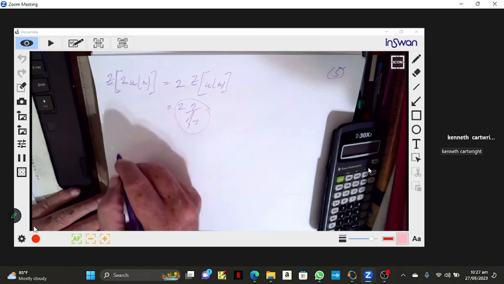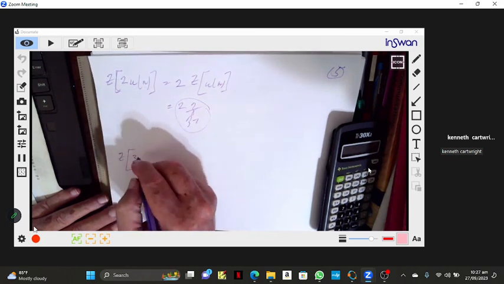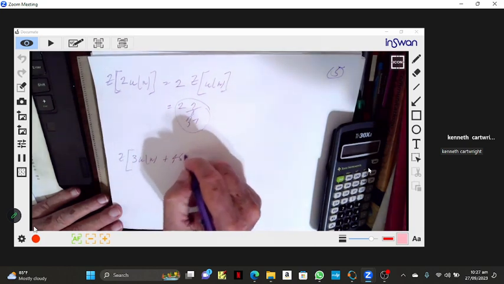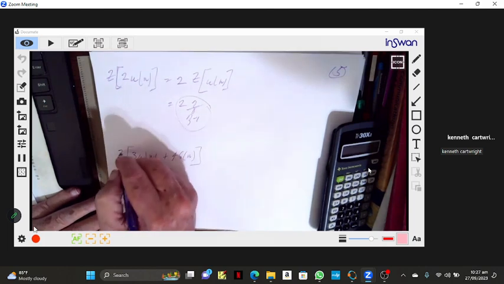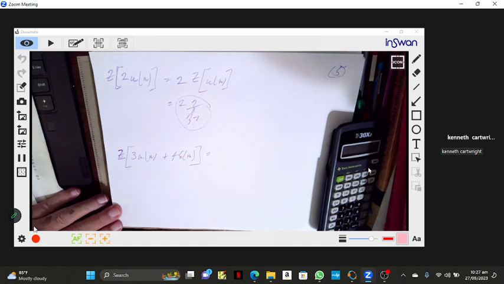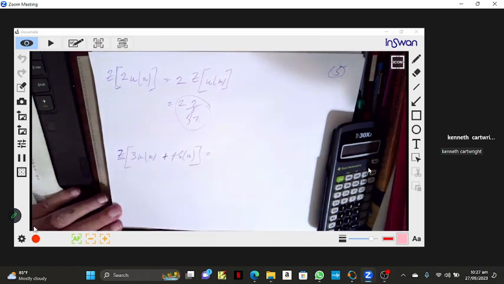Another thing I want to tell you is, what do you think the z transform of a sum is?